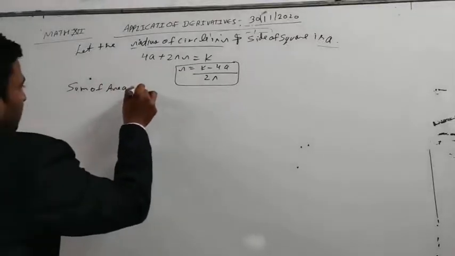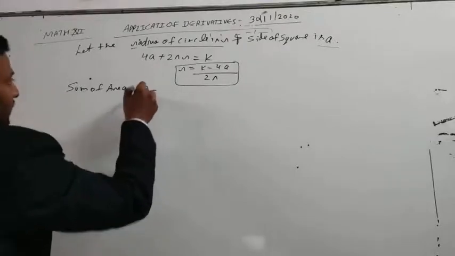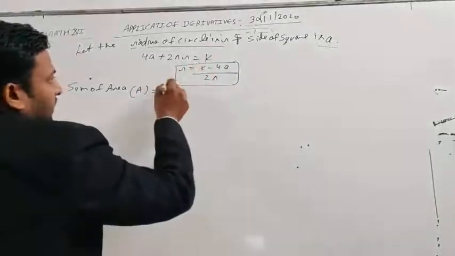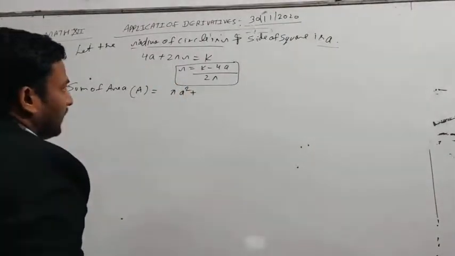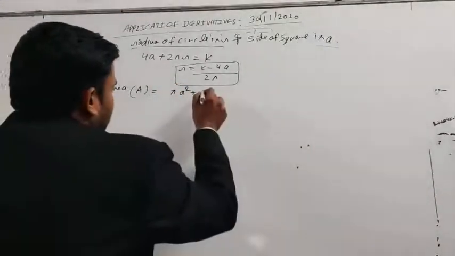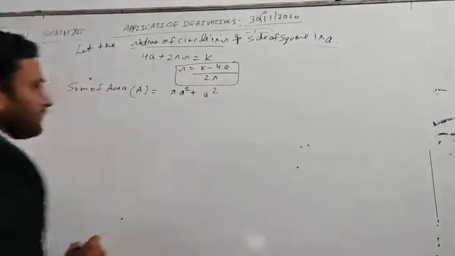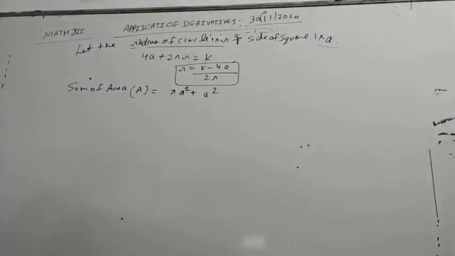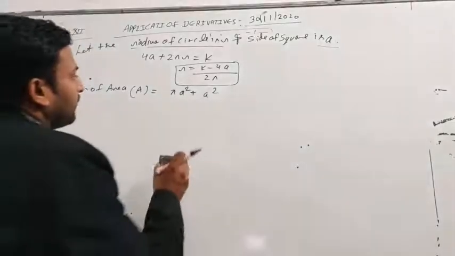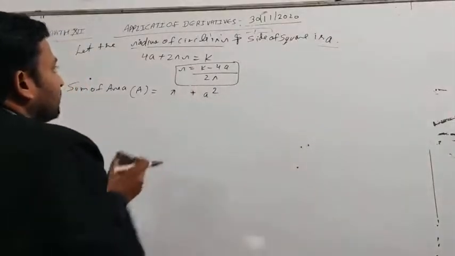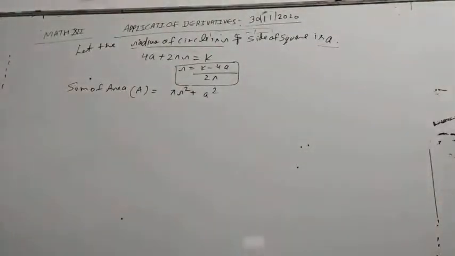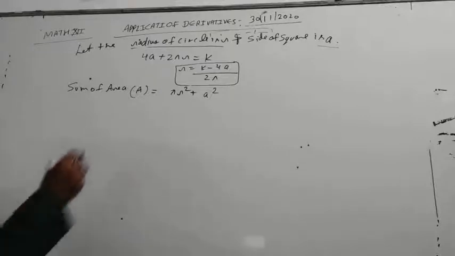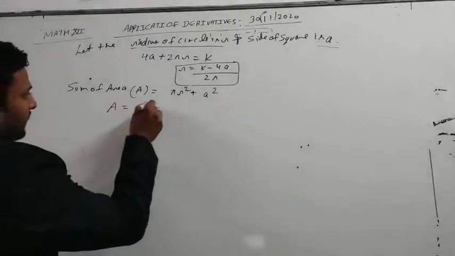Sum of area A, which is equal to, so area of circle is pi r square and area of square is a square. Okay, so the area of circle is pi r square because radius is r. Now we will put the value of r square here.